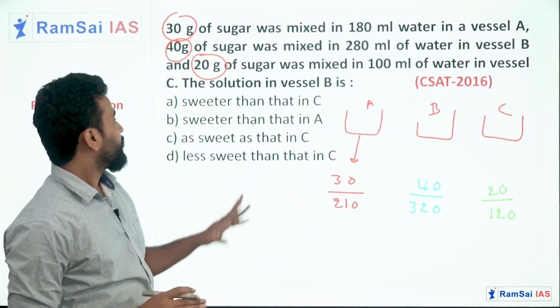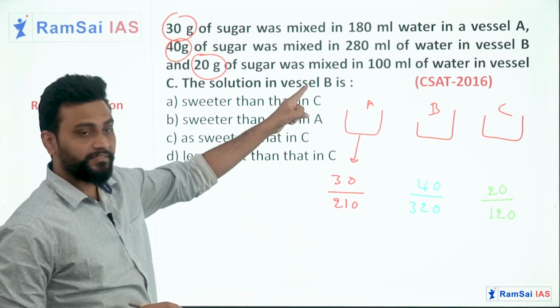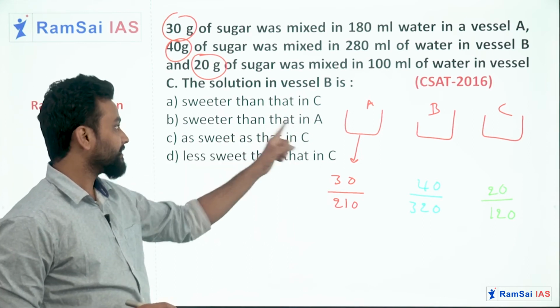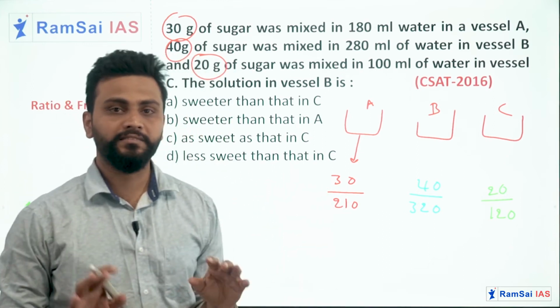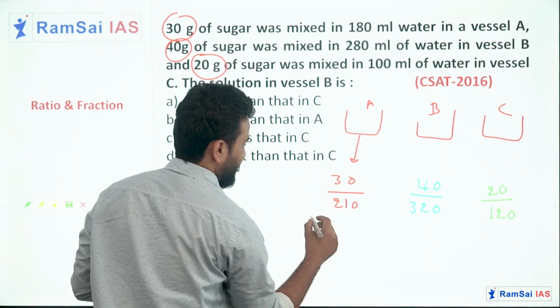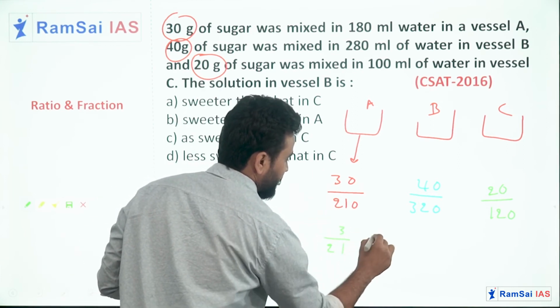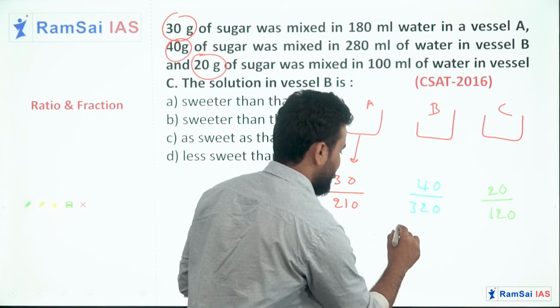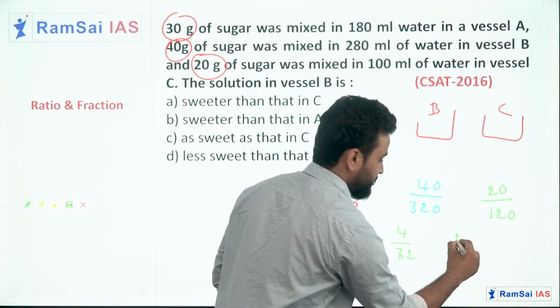So now we have to compare the sugar quantity in vessel B with the other vessels, right? I will find their ratios so that the comparison will be very simple for me. I can write it as 30 by 210, which is 3 by 21, 4 by 32, and 2 by 12.